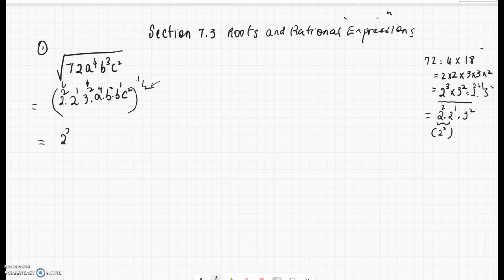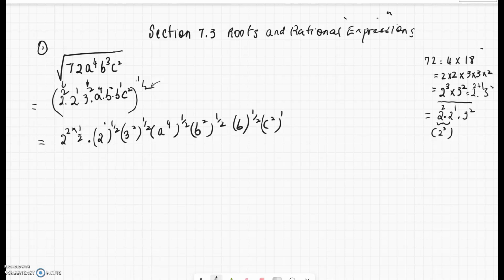So it's 2 squared to the power of half times 2 to the 1 to the half, 3 squared to the half, a to the 4th to the half, b squared to the half, b to the half, and c squared to the half.